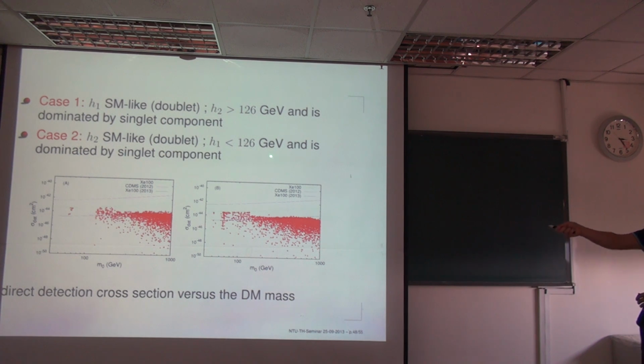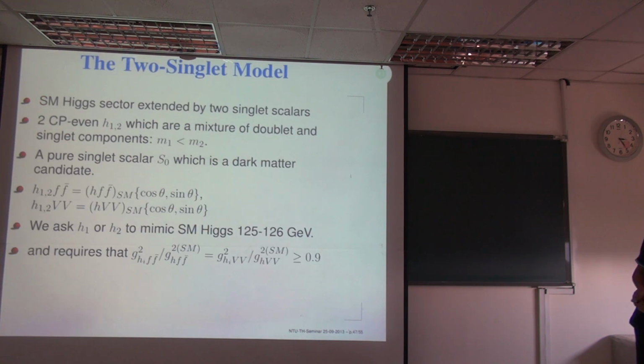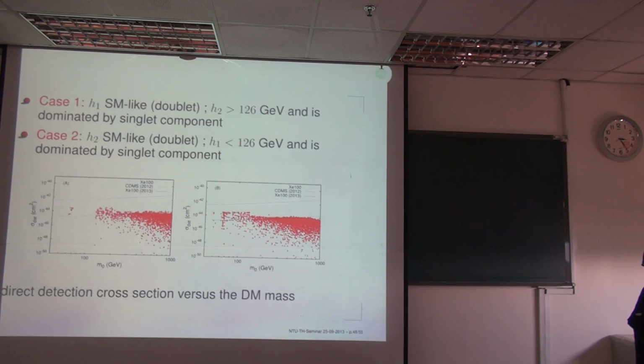And we checked LEP data, and we can have this H1 less than 126 GeV and still be consistent with LEP data. Actually, just with this constraint here, you can avoid the LHC constraint and also some of the LEP data.